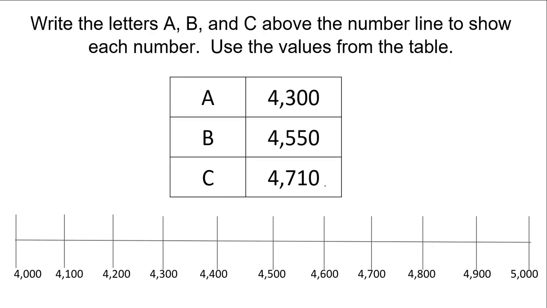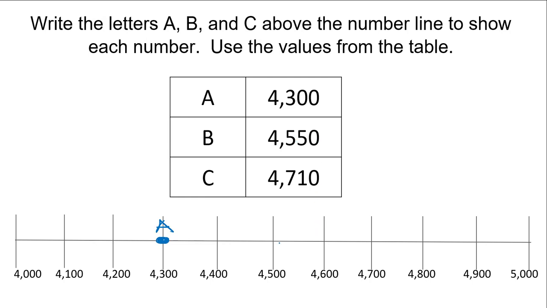All right, write the letters A, B, and C above the number line to show each number. Use the value from the table. Okay, can you show me 4,300? Where would that be? Do you see it anywhere here in the number line? Absolutely, it's right here. And that would be A. What about B? 4,550?